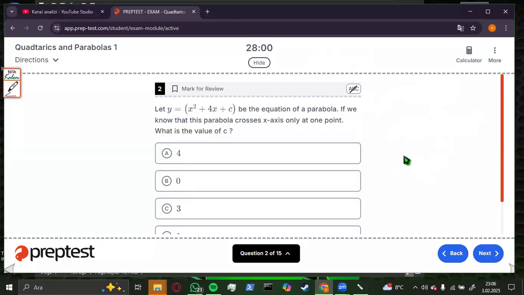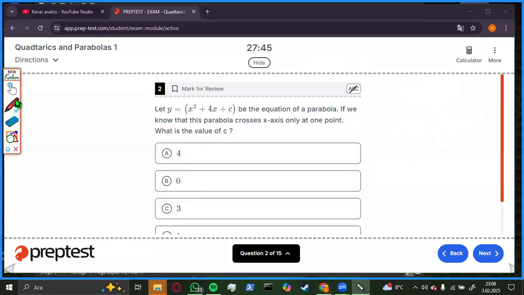If you see such an equation and you are given the information that there is only one point on the x-axis, we can understand that the equation has one solution. In other words, the discriminant is 0.